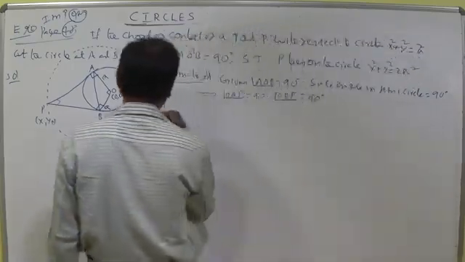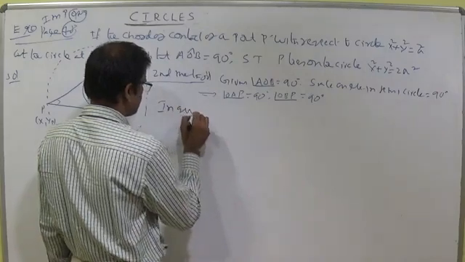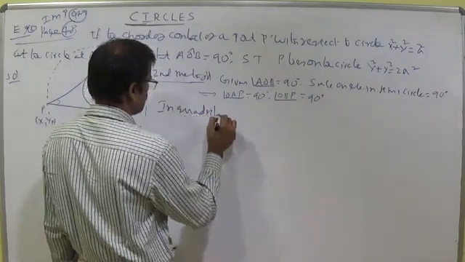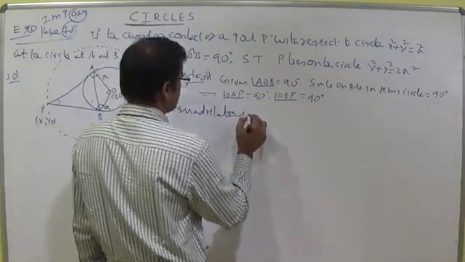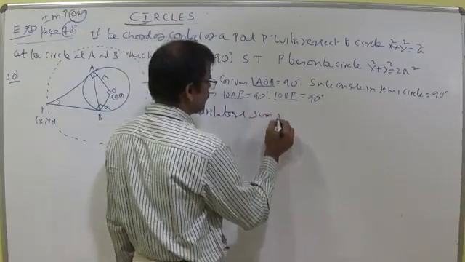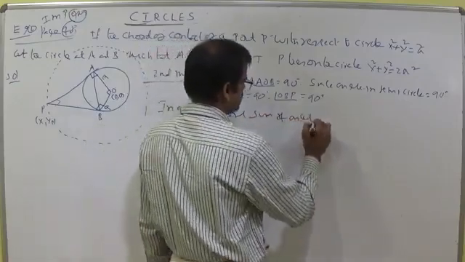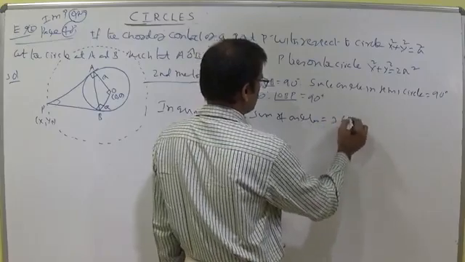Next, in the quadrilateral, the sum of angles is equal to 360. This is the main point.